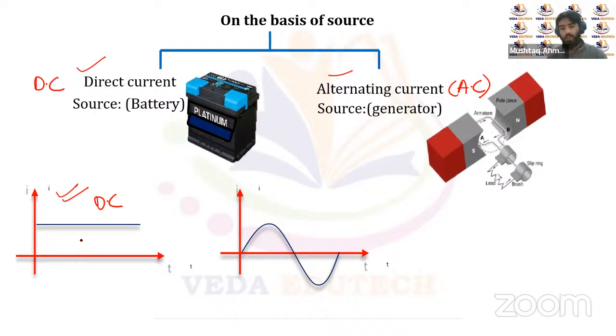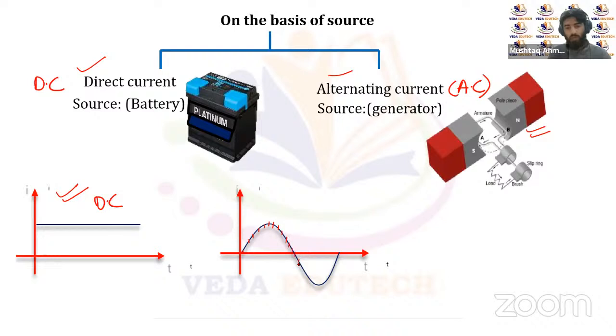Similarly, in the next graph, the current is changing like this in the case of AC generators. We will learn this in the next chapters, when we study alternating current and EMI, and see how alternating current is developed using the generator. But what happens here is that at different times the magnitude of the current is different.